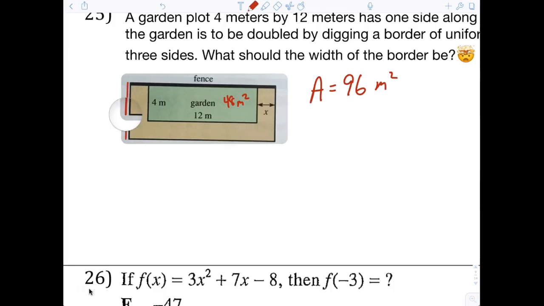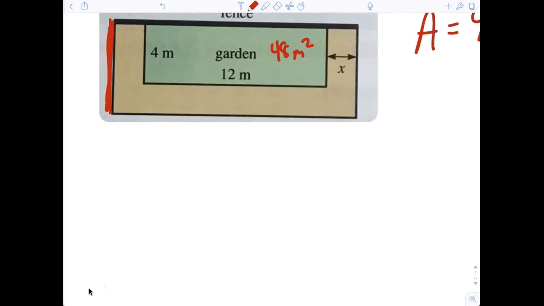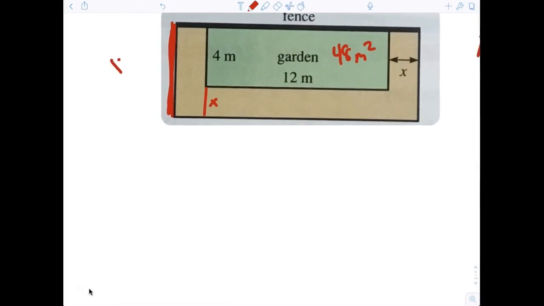Somebody who's been paying attention, you should be able to tell me. 4 plus x this time. Because look right here. Very good thought, though. You see what I'm saying? This distance from here to here is what? X. So this distance here would be 4 plus x, but I'm just going to call it x plus 4.